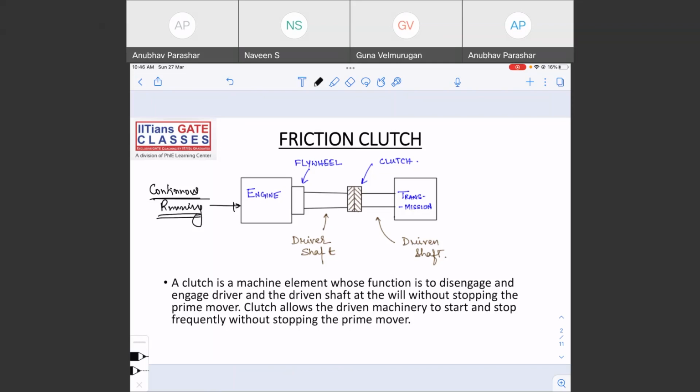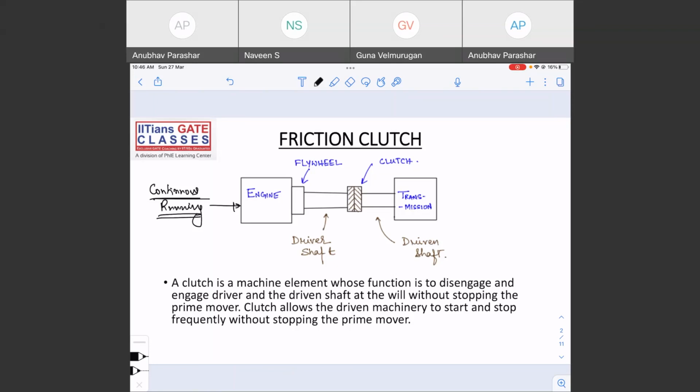Now many times, while loading and unloading, we will require to stop the vehicle. For example, if some passengers want to come in, you have to stop the vehicle. If you don't switch off the engine, it is going to continuously run.